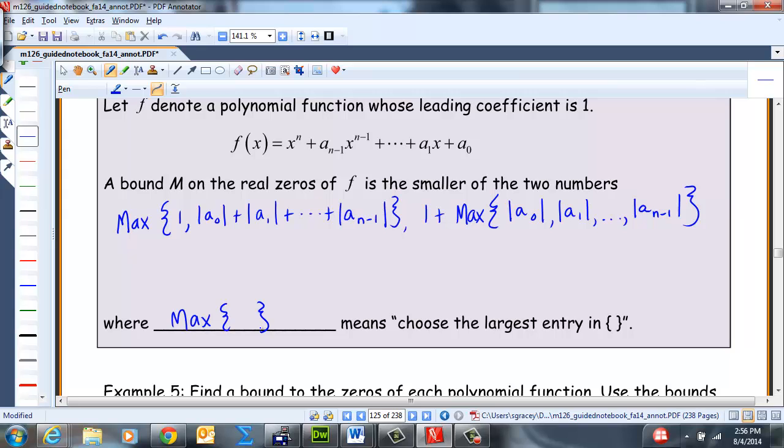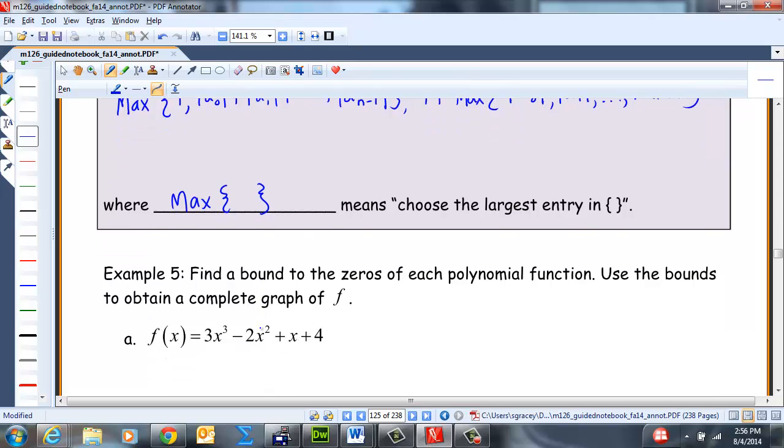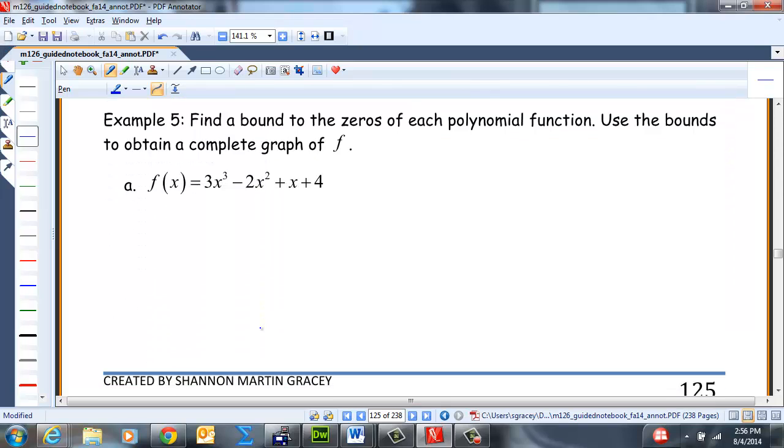Okay, so let's do an example. So find a bound to the zeros of each of these functions and use the bounds to obtain a complete graph of the function. So let's just figure out what we have. A0 is 4. Oh, actually, I almost messed up. We have to rewrite this guy with 3 factored out so that we have 1x cubed.